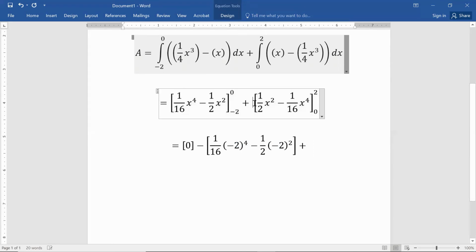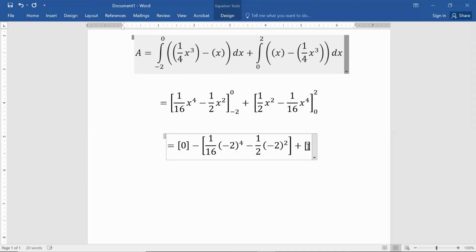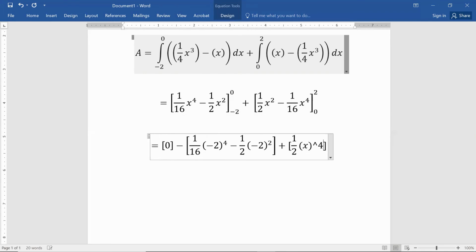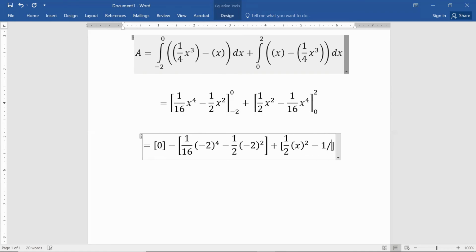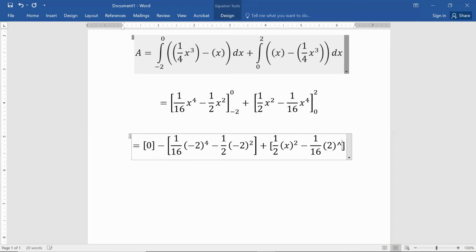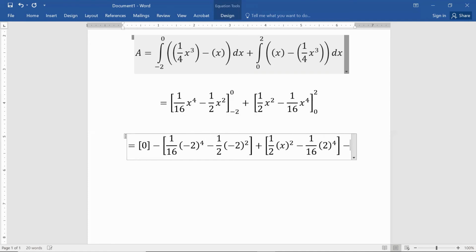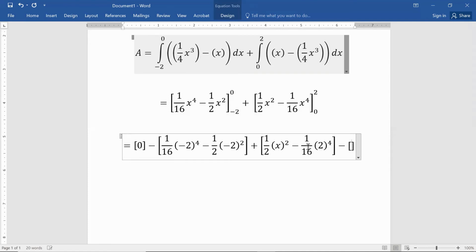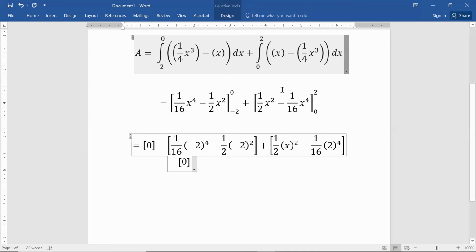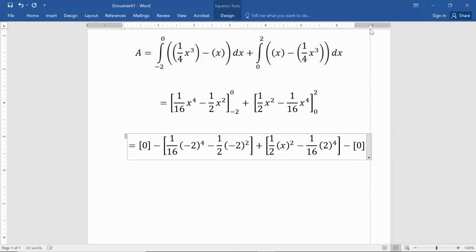Since we have a plus in between here, let's plug in 2 and then plug in 0. If I plug in 2, 1/2 times 2 squared minus 1/16 multiplied times 2 to the 4th. Then minus, what would happen if I plugged in a 0? Well, I would just get 0.